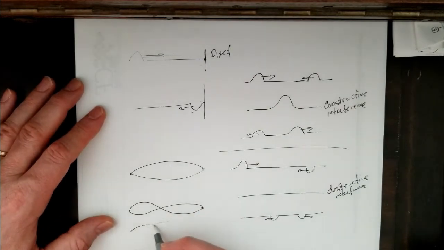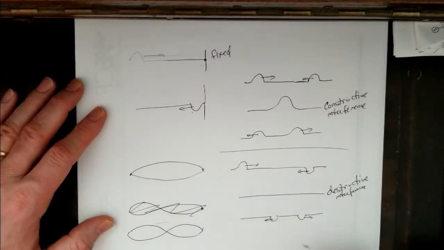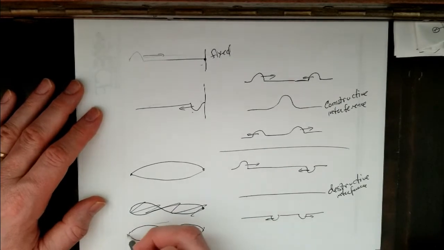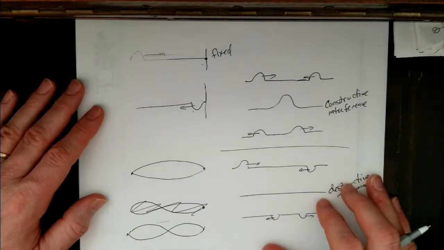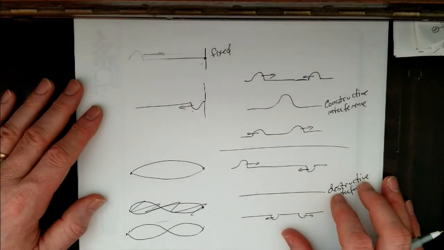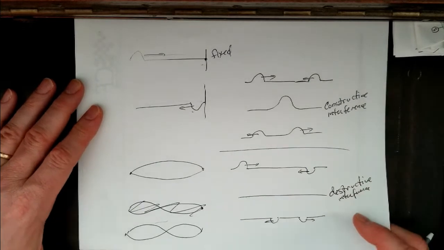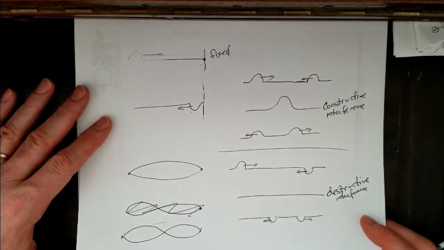Let's see if I can draw that a little bit better. That's a little bit better. And I can get these various standing patterns. There is a video out there dealing with the string vibrator, which you can check out, and that will potentially be a lab that you're going to do.